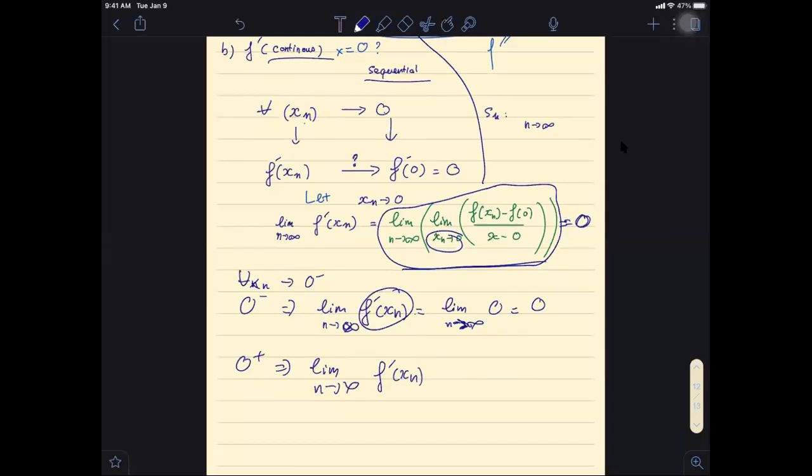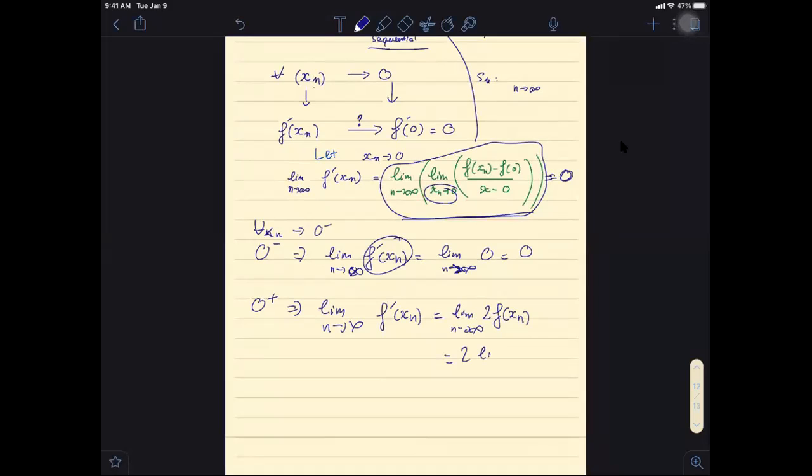If the limit as n goes to infinity of f prime of x_n, assuming we know the derivative rules, then f prime of x_n is going to be equal to 2 times x_n, and n goes to infinity. Where did the 2 come from? Assume we know the derivative rules.